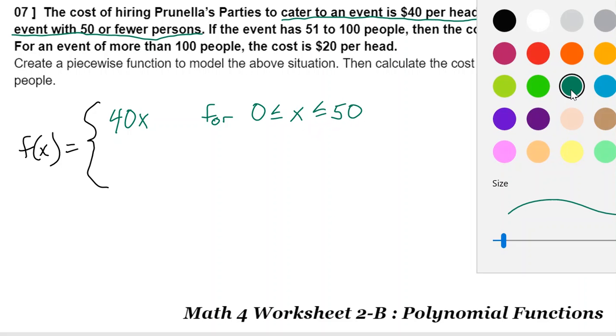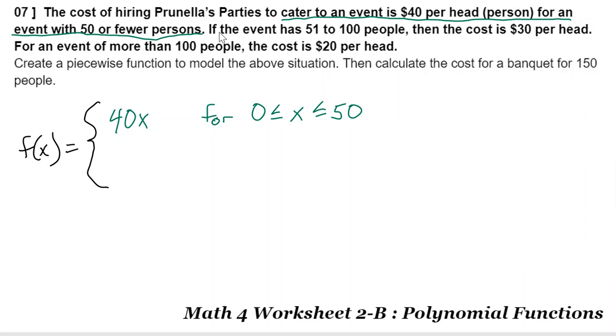So we've got that. And then the middle level, 51 to 100, cost is 30 per head. So we're going to say 30x for when, and I don't know, you could say 51 to 100. Yeah, I guess you could do that. Or you could say 50 is less than x, and then is less than or equal to 100.